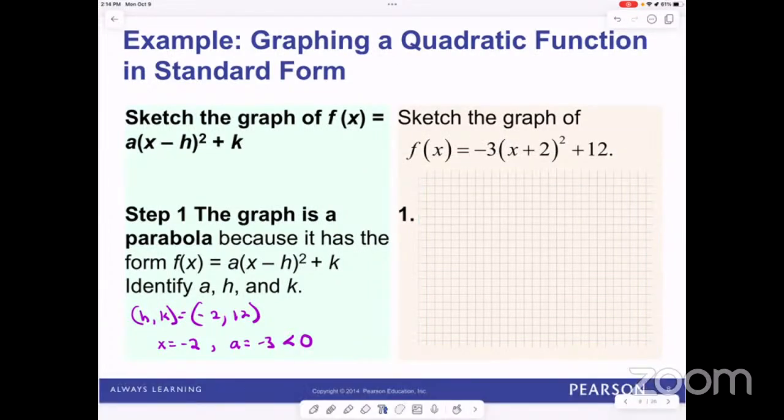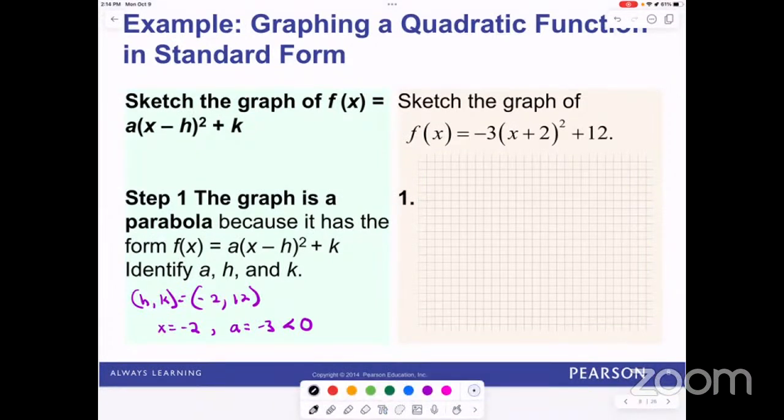Okay, we're focused on quadrant 2. So I'll put my origin in this region, so this way our graph can focus on quadrant 2. We'll let this be our positive x in this direction. We'll let this be our positive y in this direction.